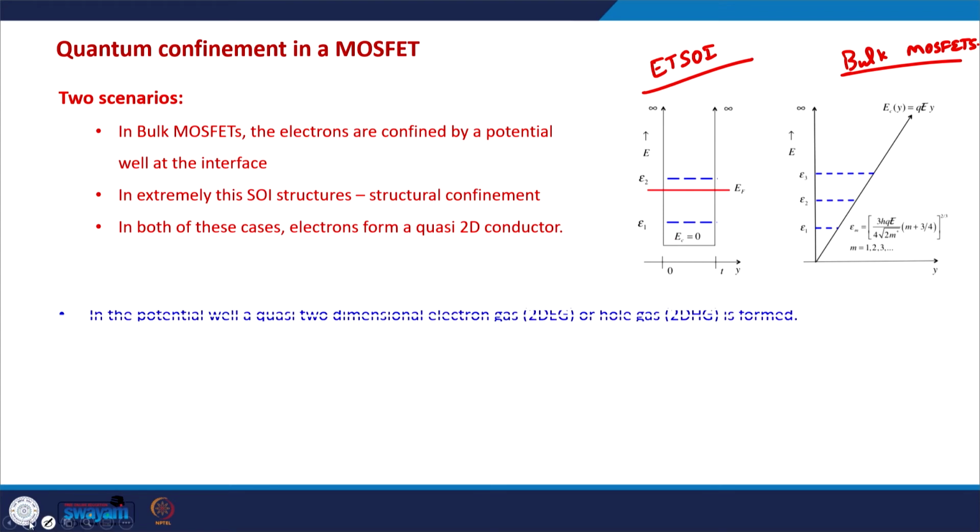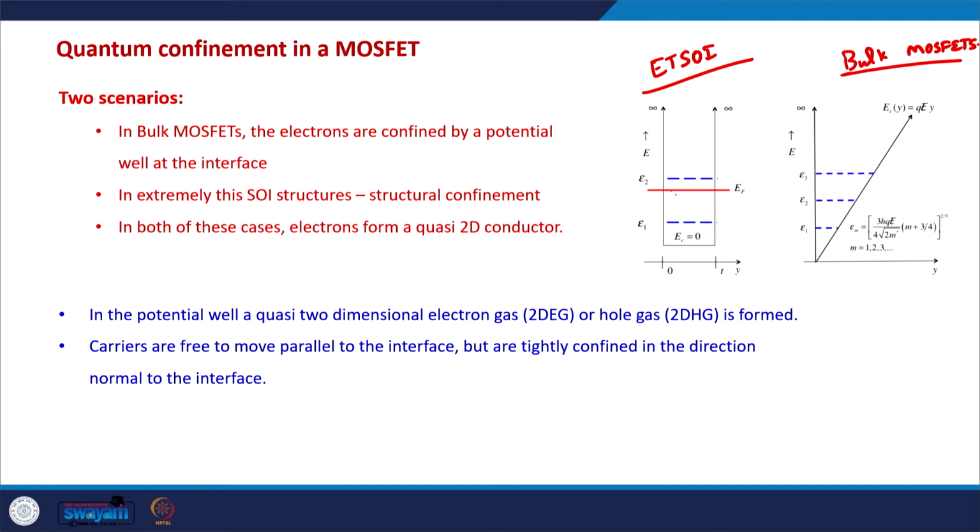Now because of this potential well, the electrons' movement is confined in the y direction, and confinement leads to discretization of energy levels.